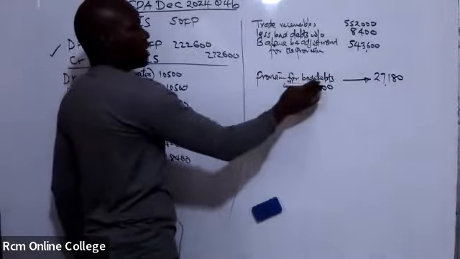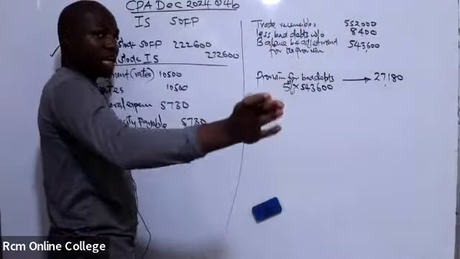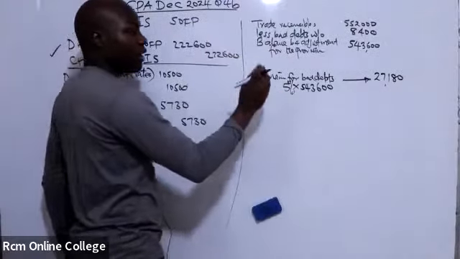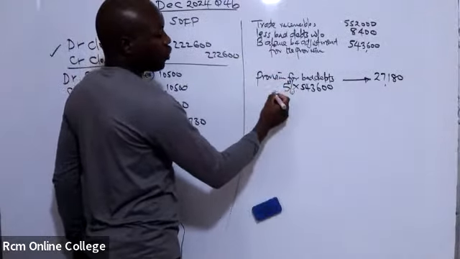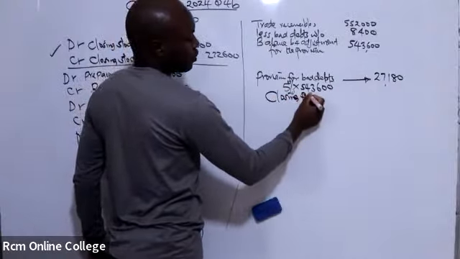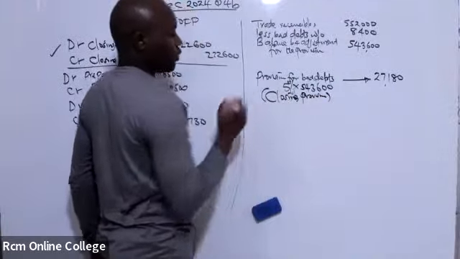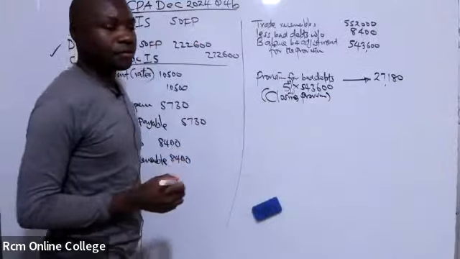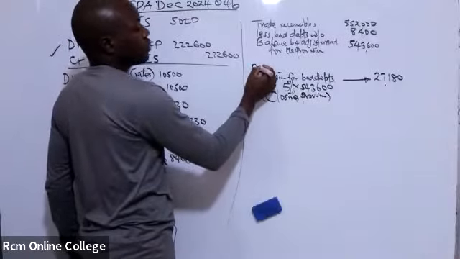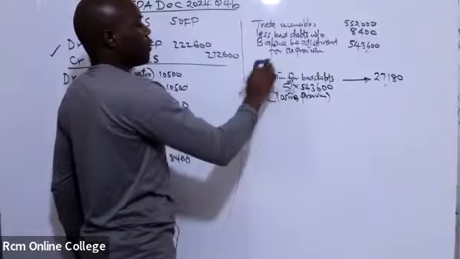This provision for bad debt is what we are going to have under current liabilities at the end of the year. In other words, just put it in brackets and say closing provision. Do we have opening provision or provision? At this point we don't talk about opening and closing.